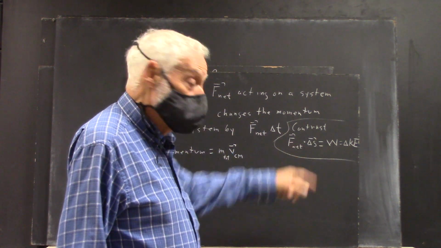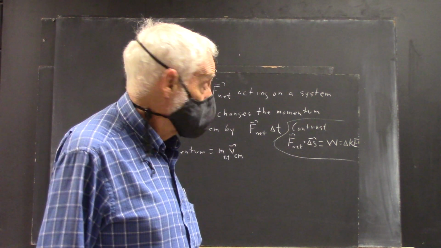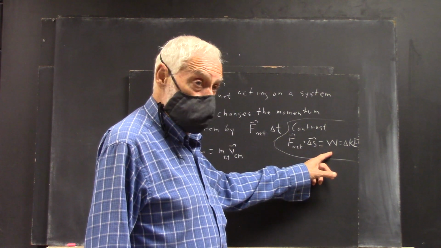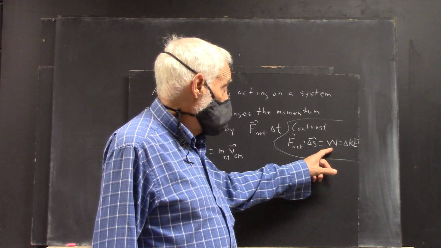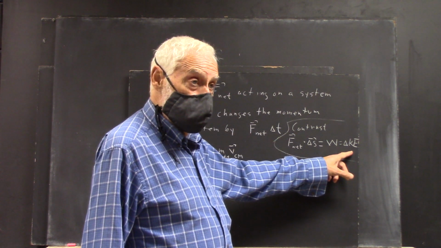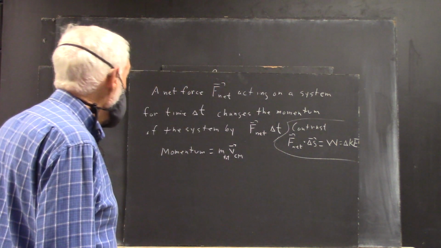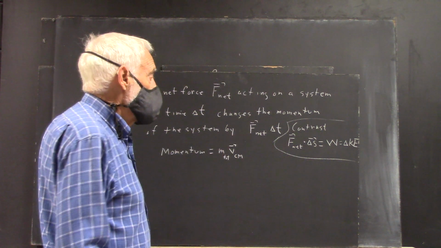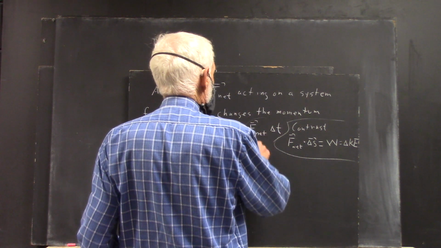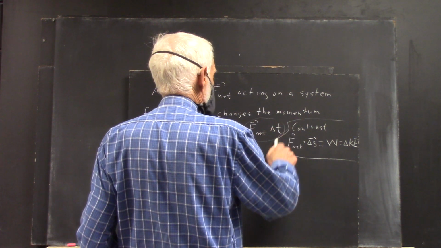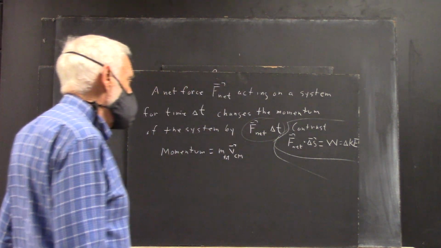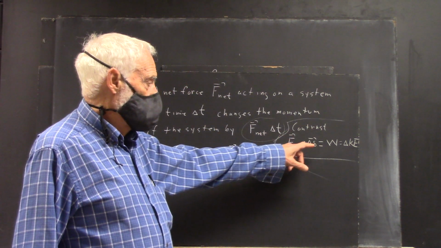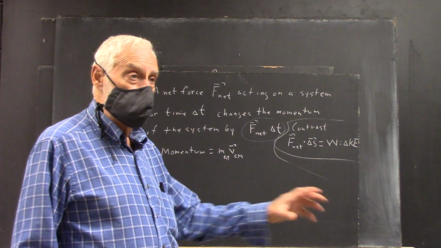You gotta have two vectors to do a dot product. But the result is not going to be a vector. And that is your change in kinetic energy. Here, you're multiplying F net times delta T. Here we're multiplying F net by a delta S, but we're doing a dot product, okay?